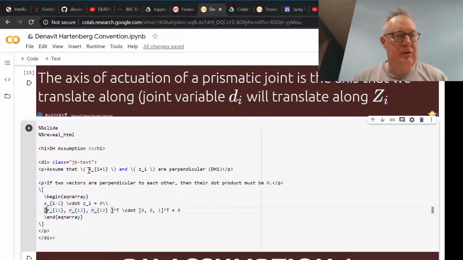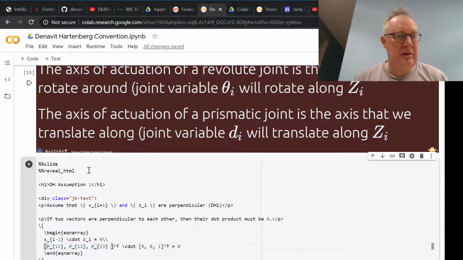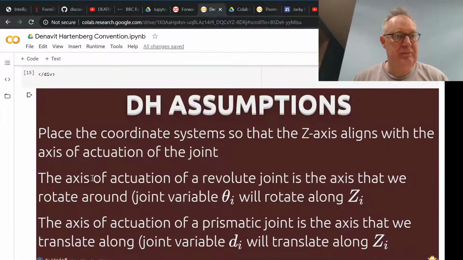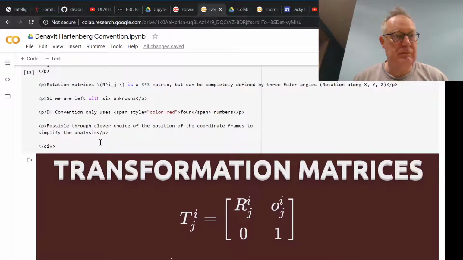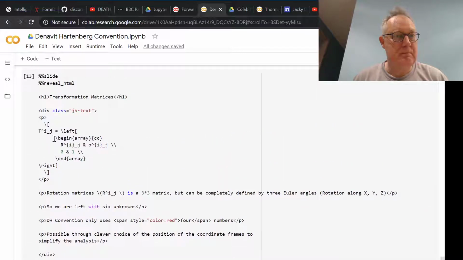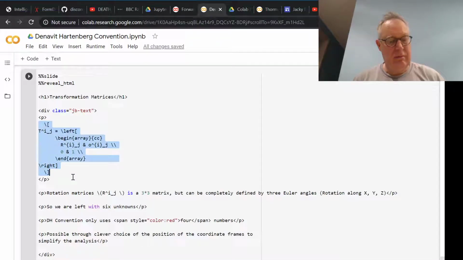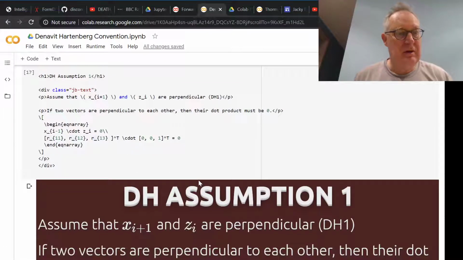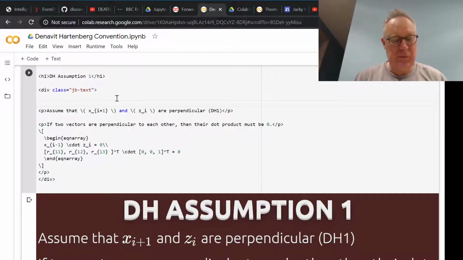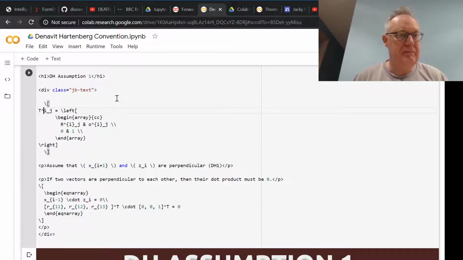And because of the rotation of x, if I write out the transformation matrix here, I can write this as the transformation matrix again in extended form.